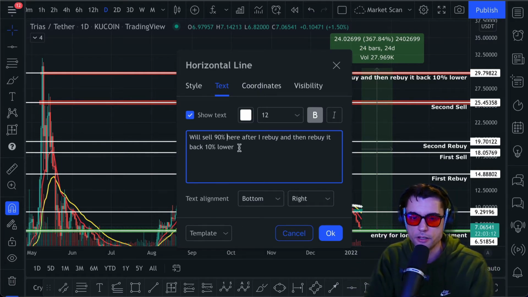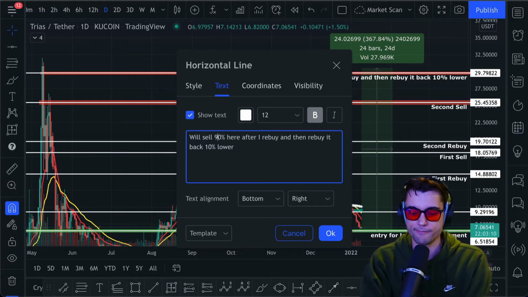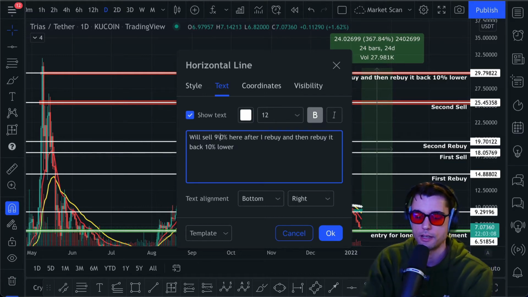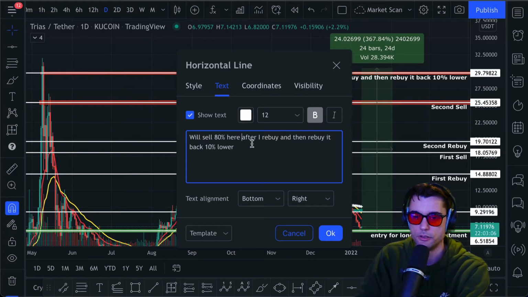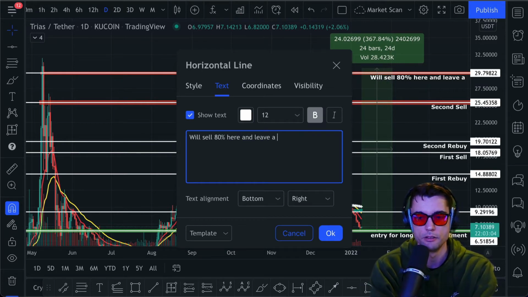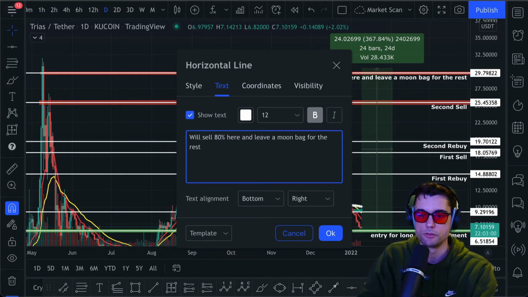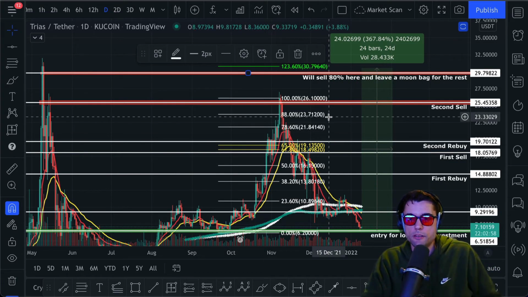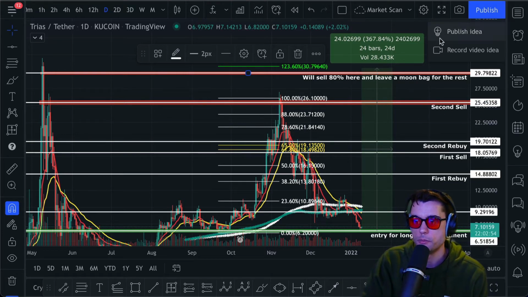Let me rephrase this. I will sell 80% here and leave a moon bag for the rest. Yeah, and that's actually what I'm going to be doing. So let me publish this, and that's going to be Triads.